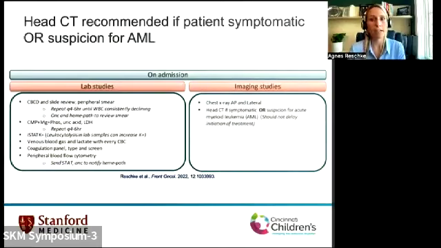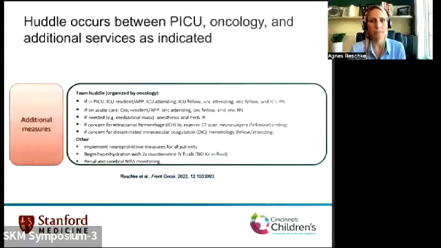We also get a venous blood gas with lactate to assess organ perfusion, coagulation labs, a type and screen, and flow cytometry. Then for any patients who presented with neurologic symptoms, including but not limited to headaches, dizziness, confusion, visual disturbances, or altered mental status, or if there was suspicion for AML based off of the blood smear, we would automatically obtain a head CT in order to evaluate for intracranial hemorrhage, as this would then alter our management.